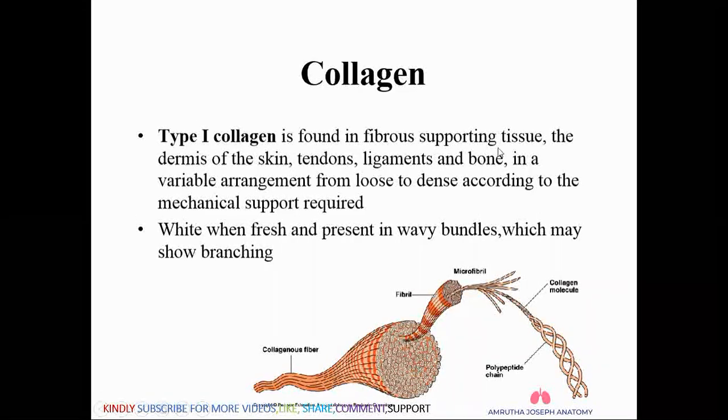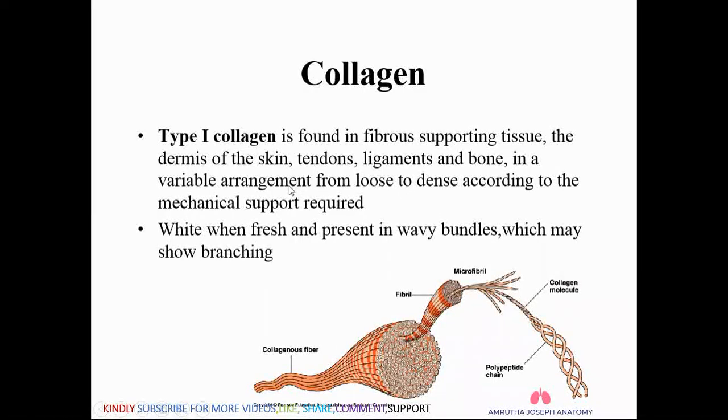It is found in fibrous connective tissue or fibrous supporting tissue, also seen in the dermis of the skin, tendons, ligaments and bones. Its arrangement is variable, from loose to dense, according to the mechanical support required. For example, in bones they are very dense.